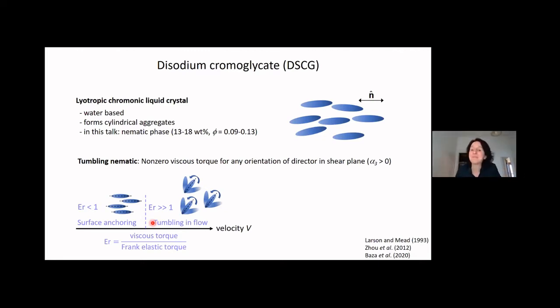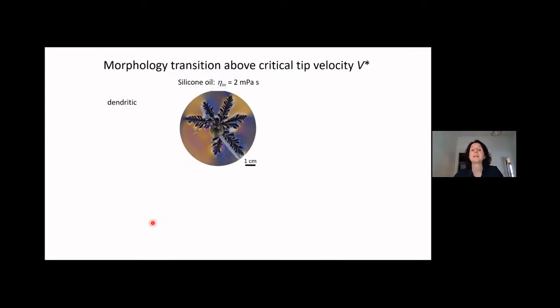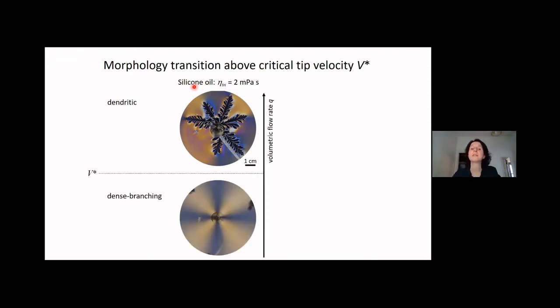And so keeping this in mind, let's now go back to our pattern experiments where I showed you that we can get dendritic growth as a low viscosity silicon oil displaces the liquid crystal. However, dendritic patterns only appear above a critical tip velocity, which we can tune by controlling the volumetric flow rate of our system. Below that critical value, the system transitions back to the generic mode of growth of dense branching, characterized by repeated tip splitting.